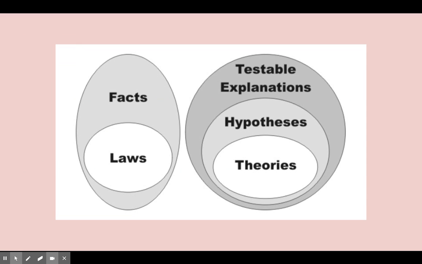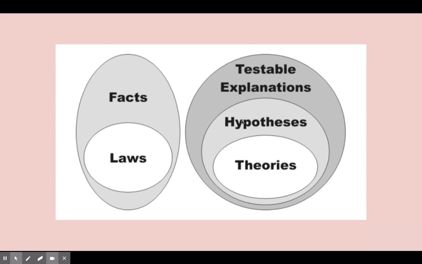So here we have this picture one last time. Now that we've talked through everything, you understand that testable explanations then turn into hypotheses. And once hypotheses are tested and they continue to be proven to be true, then they can be considered theories.